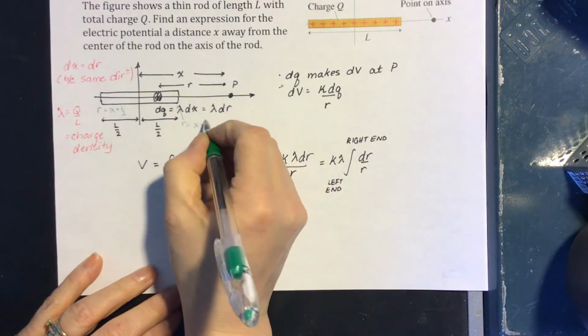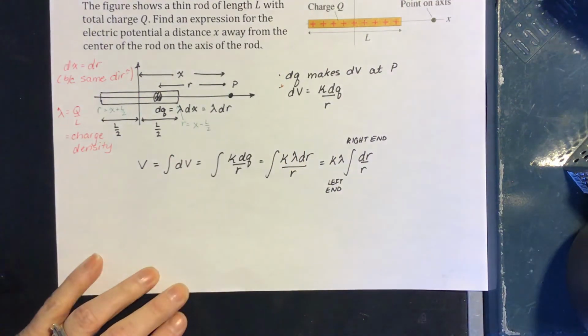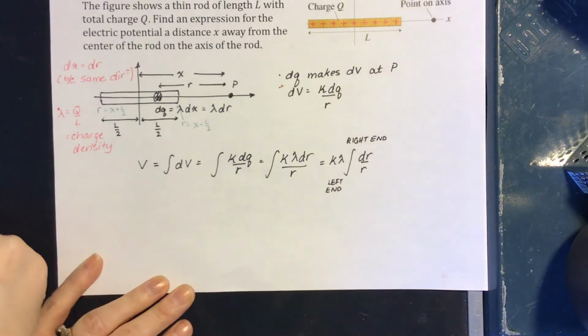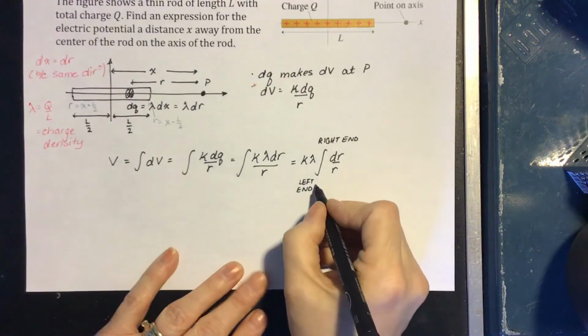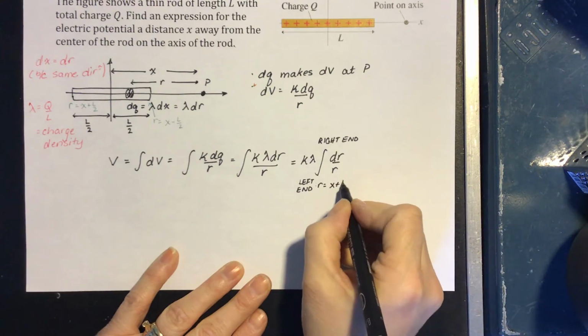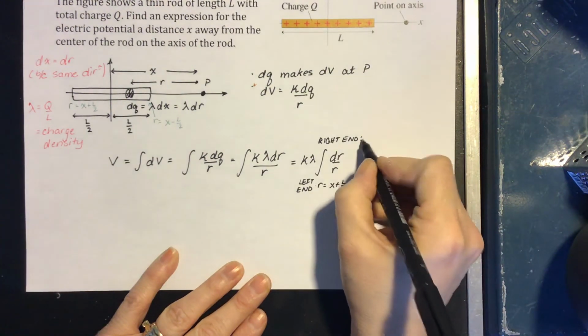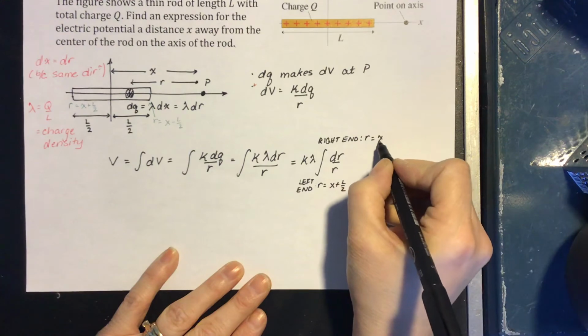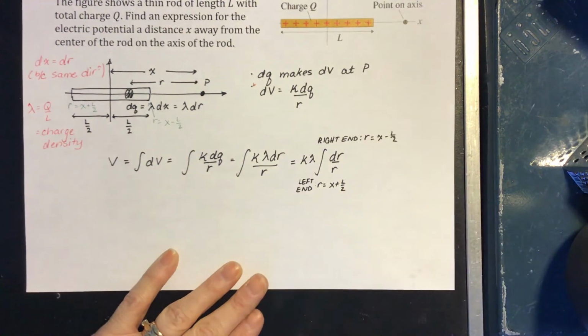And we're just summing up over the places where we have charge. So from our left end, r equals x plus L over 2, to our right end, which is r equals x minus L over 2. So we do our integral, that's k times lambda.